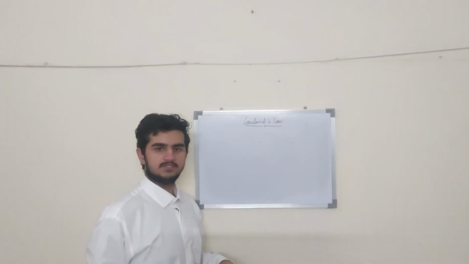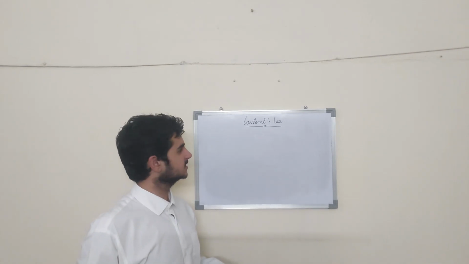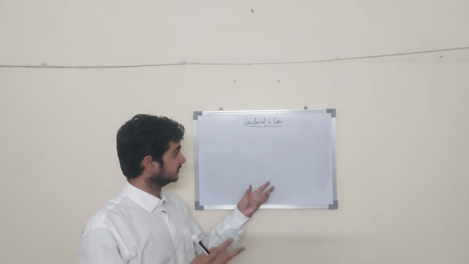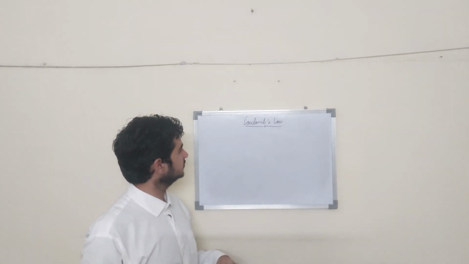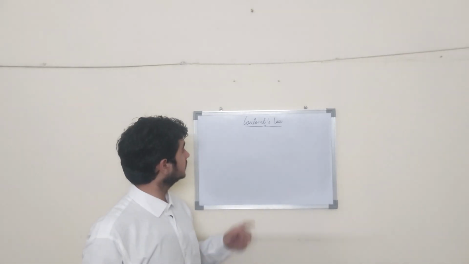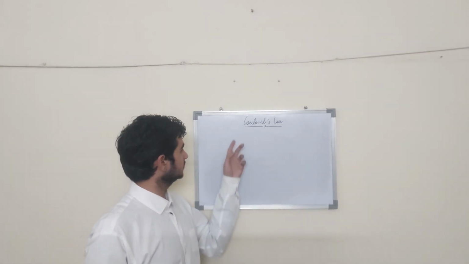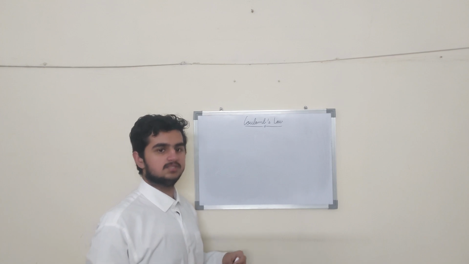In this lecture we looked at what Coulomb's law is, how it governs the forces of attraction and repulsion between two charged bodies, and we also looked at some examples. In one of the examples we looked at a three charge system in which there were two forces acting on a single charge.